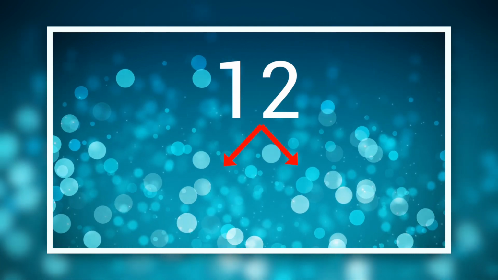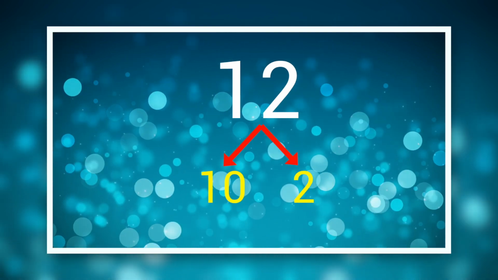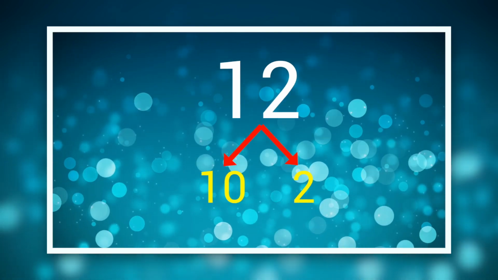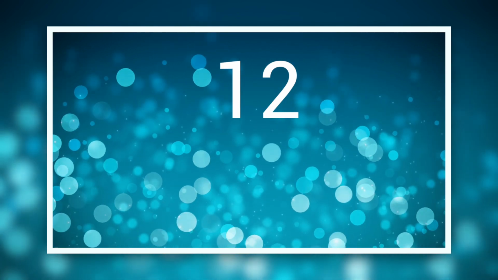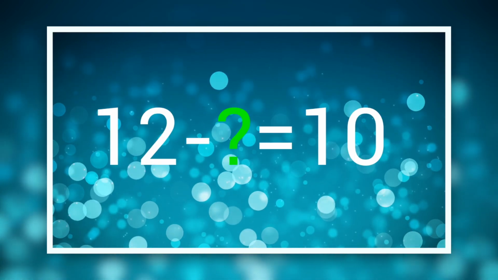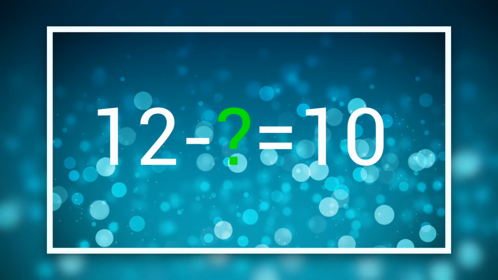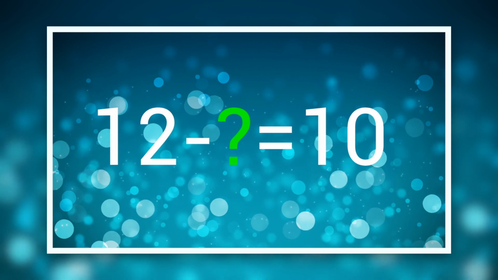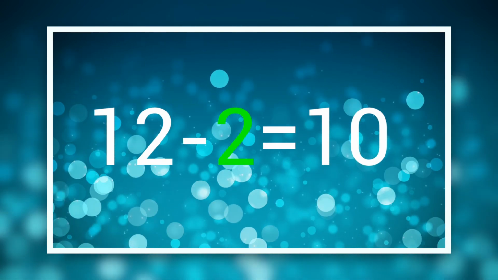We know that the number 12 has 1 10 and 2 ones. So if we want to lead to a 10, how much would we take away from 12 to make 10? If you said 2, you are exactly right.